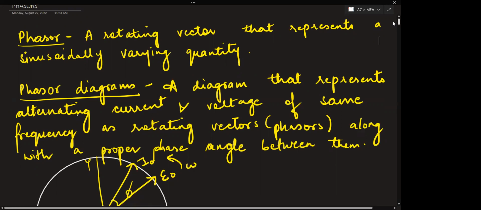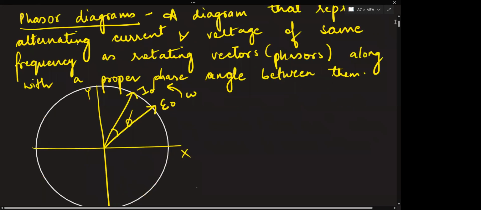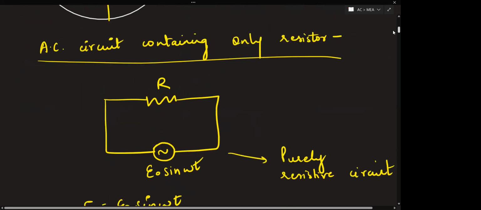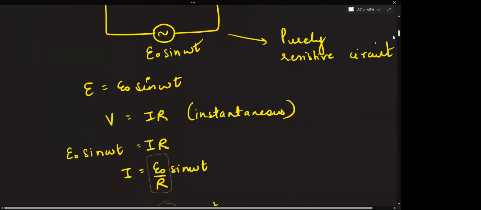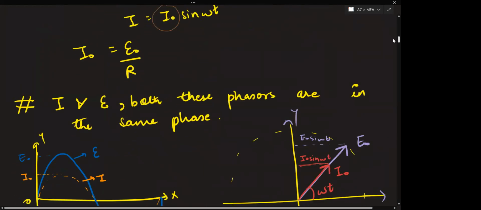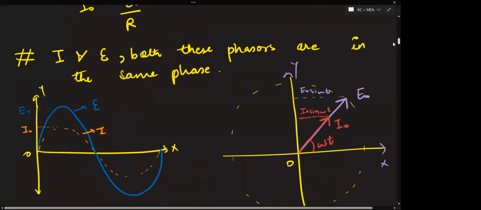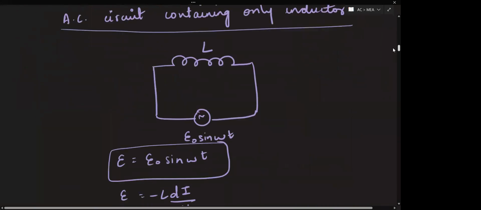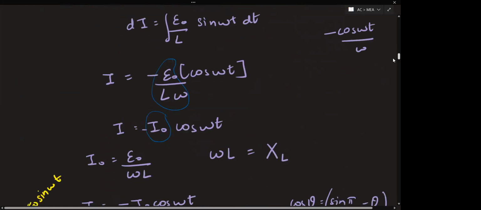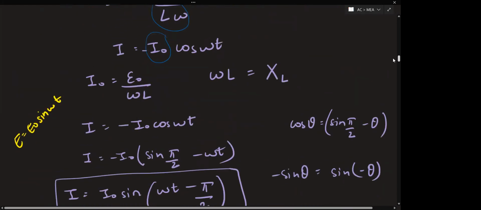Let's just quickly see. One last circuit was left, then we could start with the LCR circuit. So in an AC circuit containing only a resistor, E is equal to E naught sine omega t, and current is also I naught sine omega t. Both are in the same phase. Alternating current containing only an inductor, E is equal to E naught sine omega t, and current is I naught sine omega t minus pi by 2.